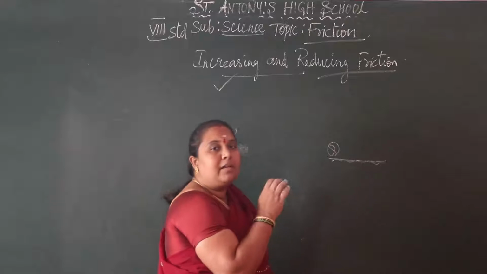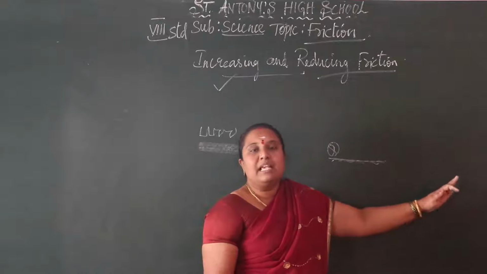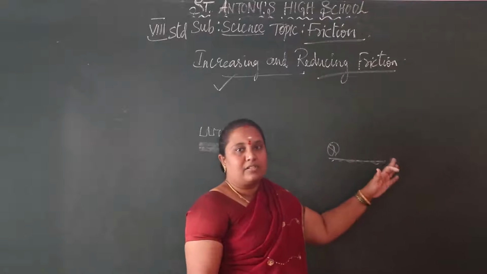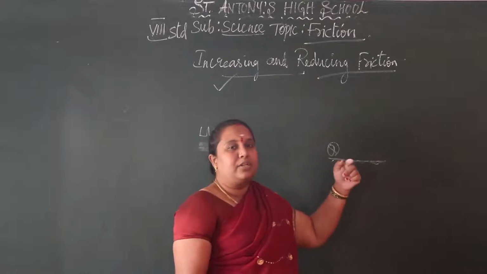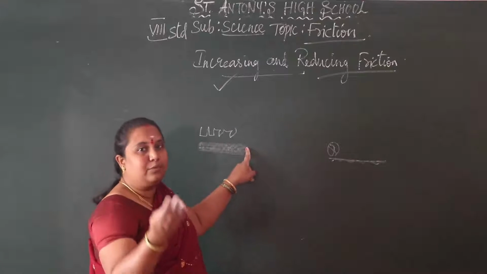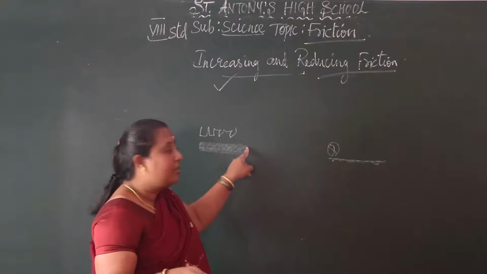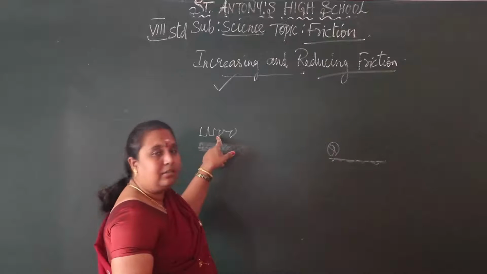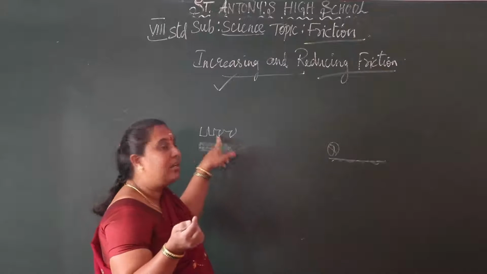When we make a smooth surface, the ball can roll easily on the sliding surface. So we are reducing friction here. On a slippery surface, we want to increase friction to slow down the objects.